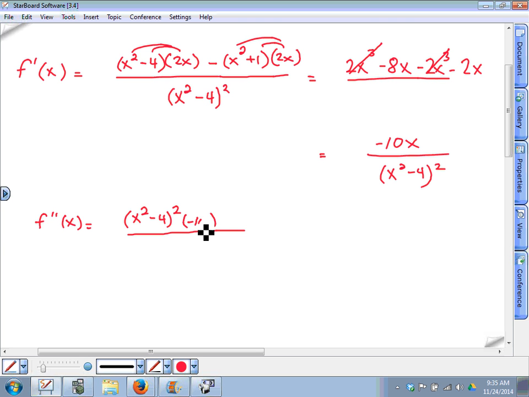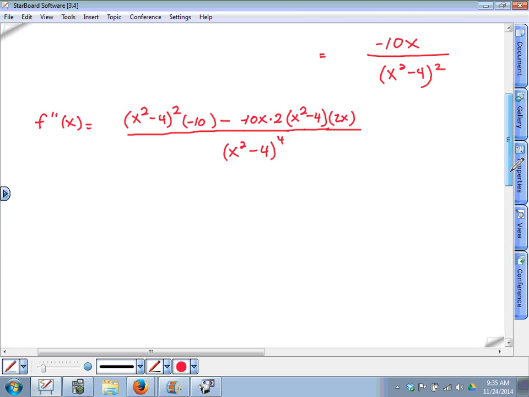So, low times d high minus high times d low, all over x squared minus 4 squared squared, which is x. Okay? So let's simplify here.